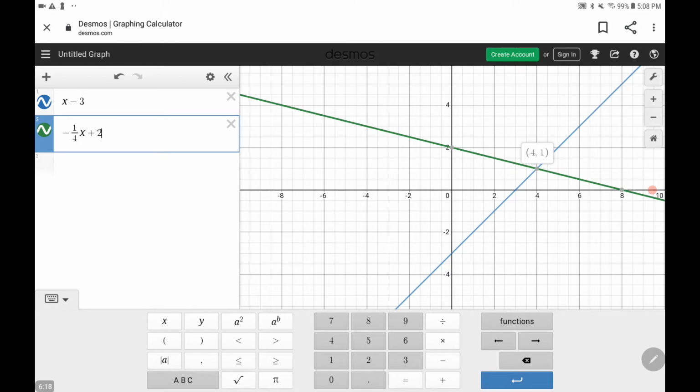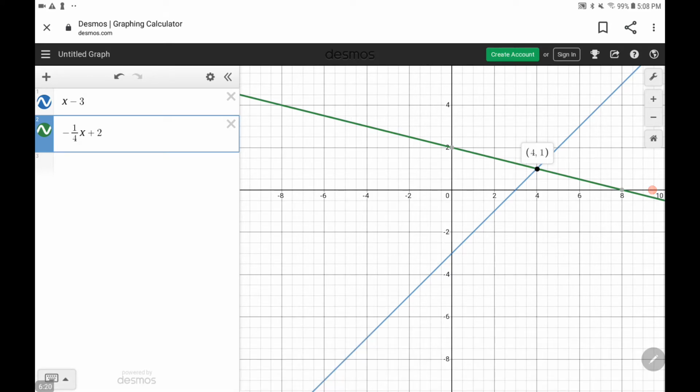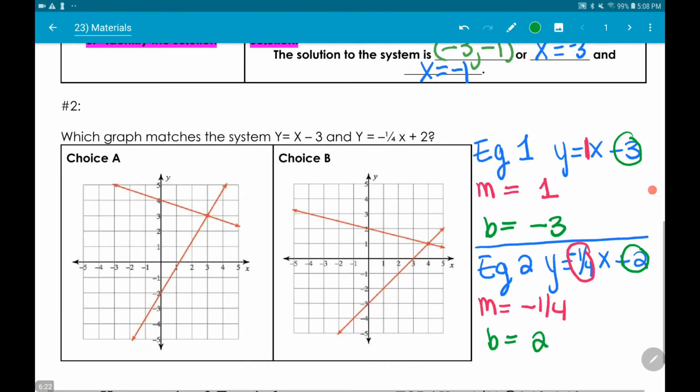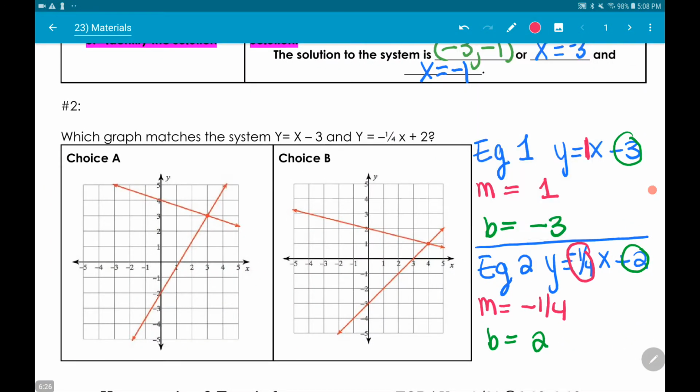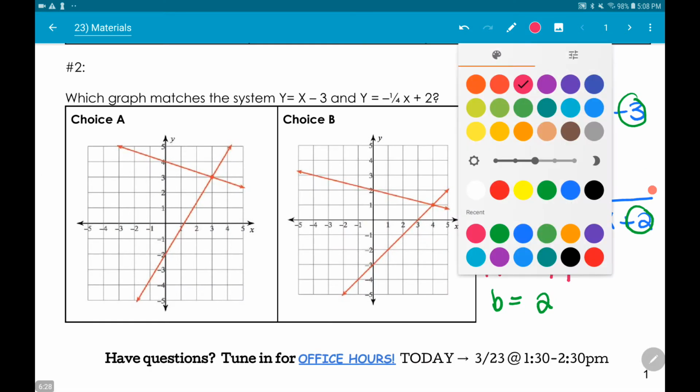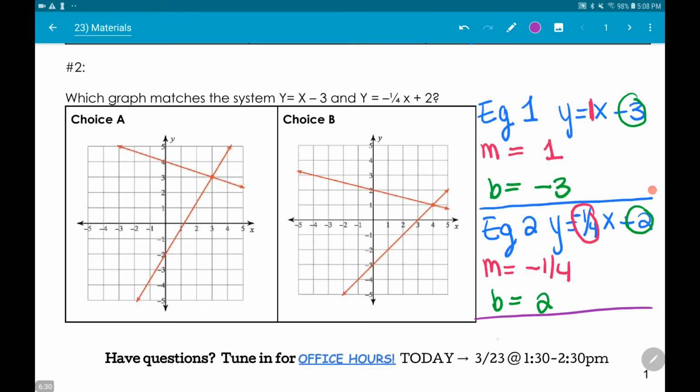Okay, what is my solution? My solution was 4, 1. All right, so let's write that in somewhere. Our solution is 4, 1. So now I want to see which one matches that. So 4, 1. So I see a solution here. What is this solution?